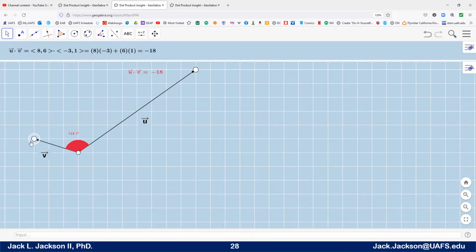Now what happens if I make it go the opposite direction? Let's go, say, 4 left and down 3. Now they're pointing exactly opposite. Hey, look, once again, it's the size of this one at 10 and the size of this one at 5 multiplied together, but since they point opposite, it's going to be negative.